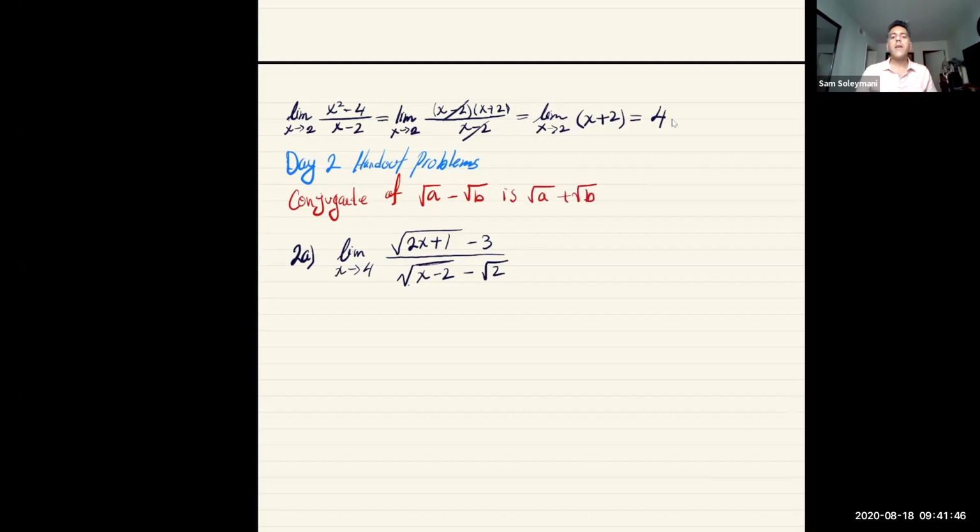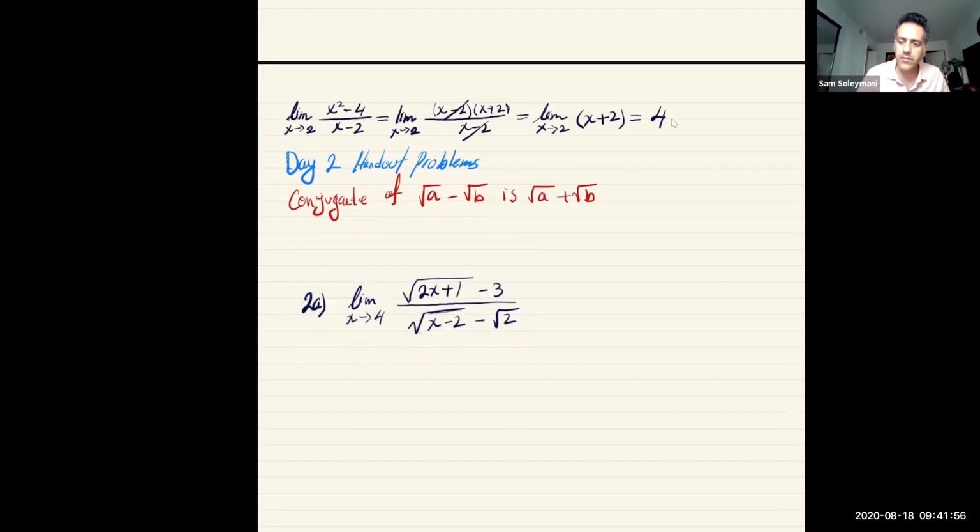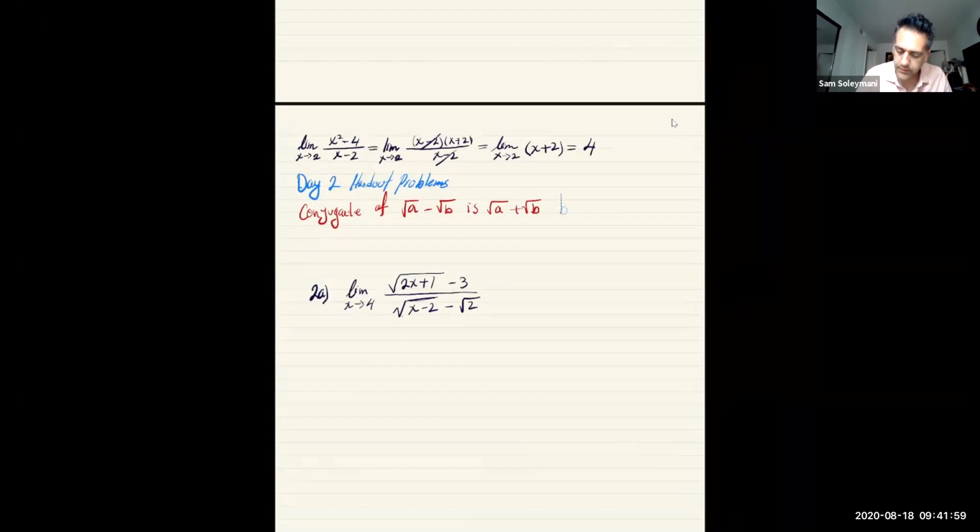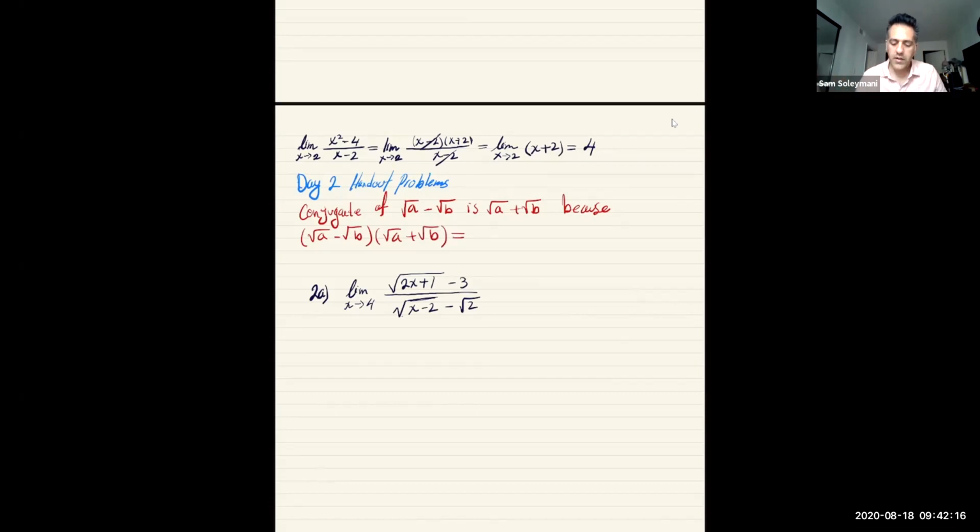Why is that? It's because when you multiply these out, due to the difference of two squares, root a minus root b times root a plus root b is simply root a squared minus root b squared, and that gives you simply a minus b, square rootless.